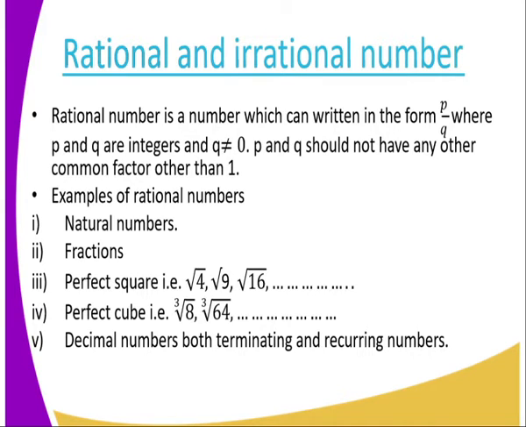So that is the number we refer to as a rational number. And these numbers are natural numbers, the ones that we talked about, fractions, perfect squares, perfect cubes, decimal numbers, both those that are terminating and those that are recurring.